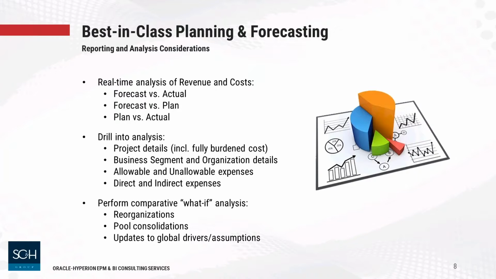As you're also looking at your financial information, there's also the need to be able to quickly drill into the base activities that are driving components such as your project details, as I mentioned, being able to look at raw costs, but then also the costs associated through the burdening of those raw costs, having the ability to look at how organizations roll up into your various business segments, and once again, how rates impact your analysis there, being able to look at what components of your costs were allowable or unallowable, so you can look at your performance on a recovery basis, and then also being able to look at direct versus indirect expenses.